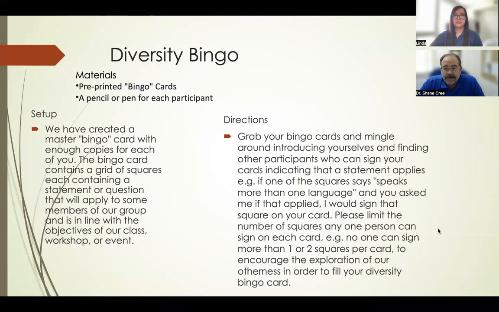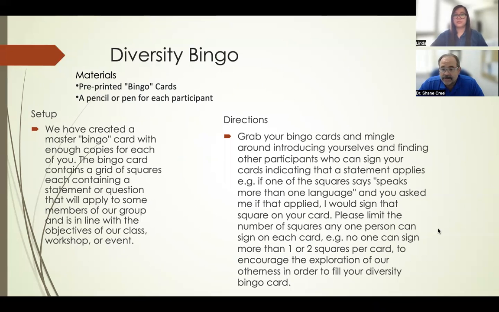So now, if we would ask everyone to grab your bingo cards and mingle around, introducing yourselves and finding other participants who can sign your card, indicating that a statement applies. If one of the squares says speaks more than one language, you can ask me if that applied. I would sign your square on your card.